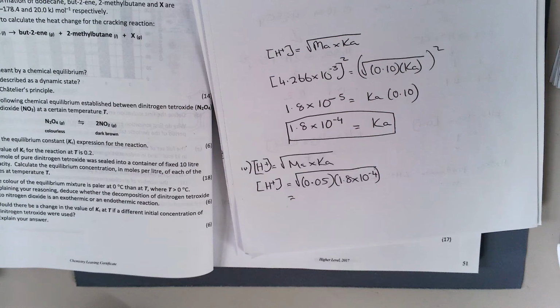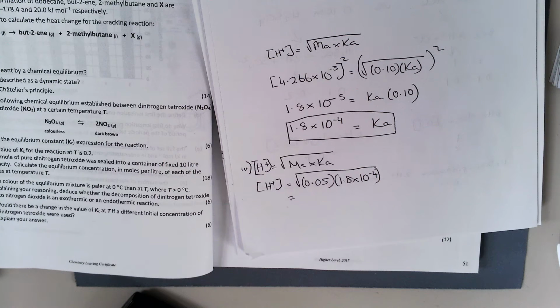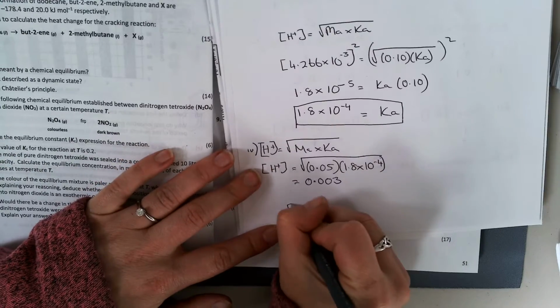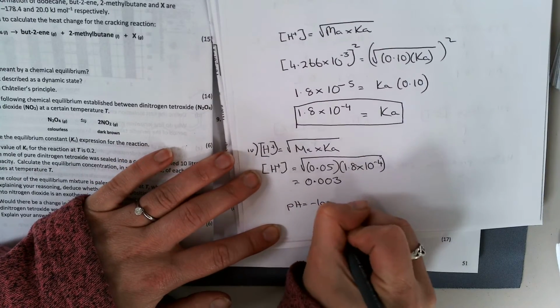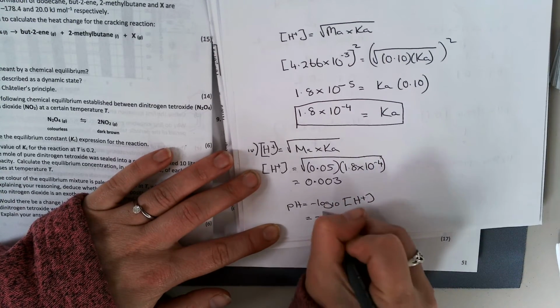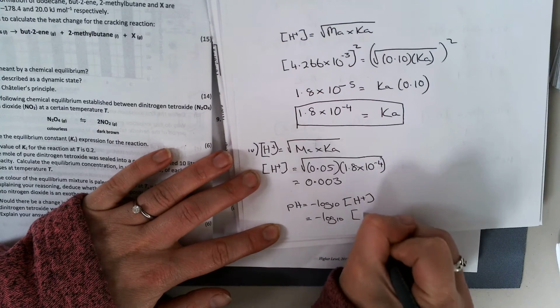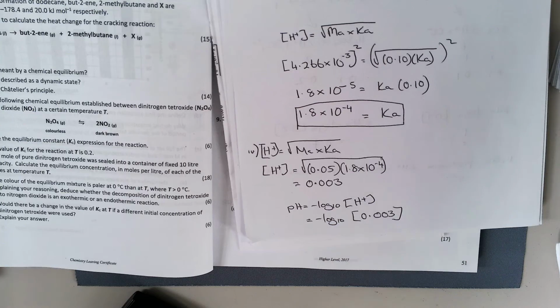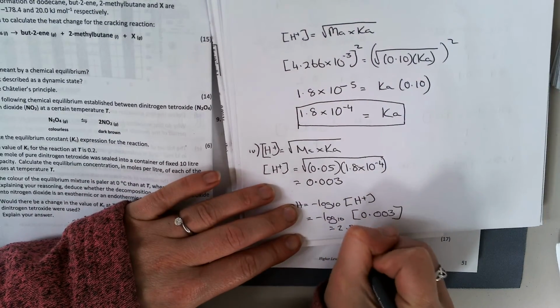So when I get the square root of 0.05 by 1.8 by 10 to the minus 4, that gives me 0.003. So my pH is equal to minus log to the base 10 of my H+ ion concentration, minus log to the base 10 of 0.003, and that's going to give me an answer of 2.52.